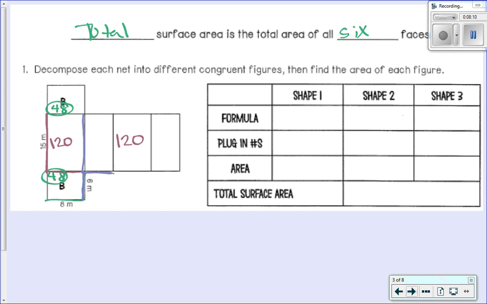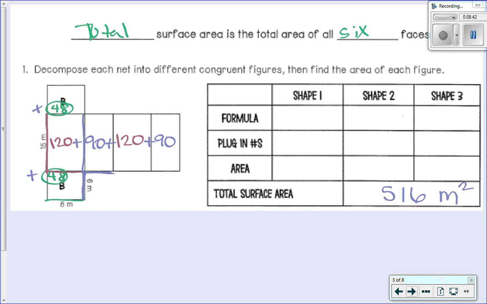So 15 times 6 is 90. Good. How do we find total surface area? Add them all together. So 120 plus 90 plus 120 plus 90 plus 48 plus 48. Our total surface area is 516 meters squared. Please include units.